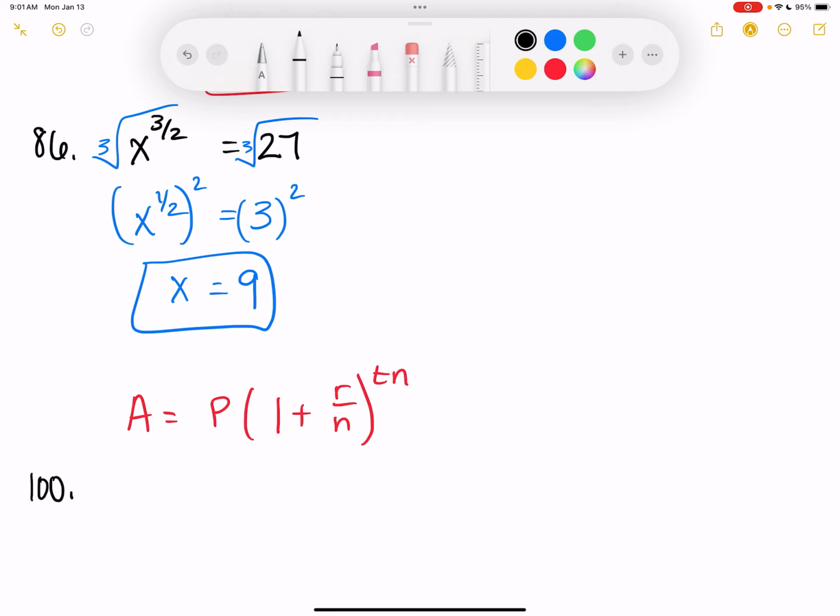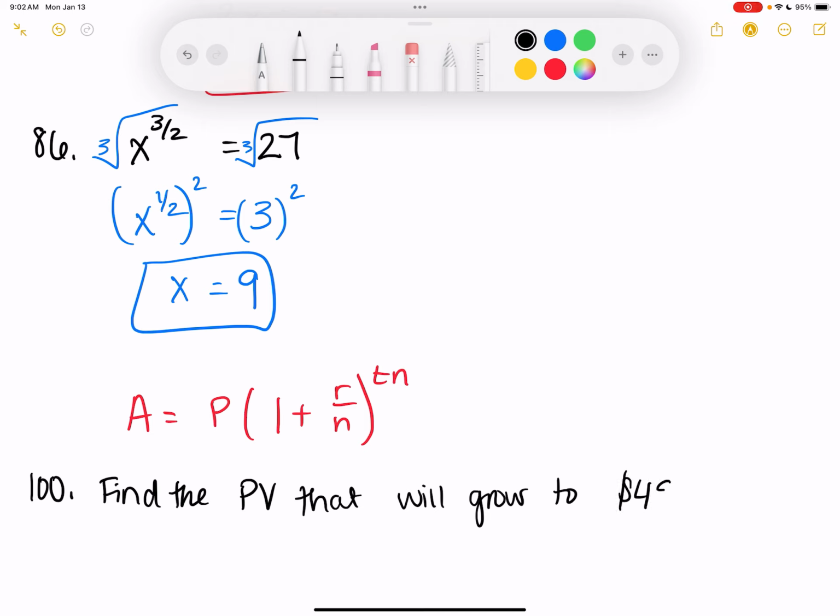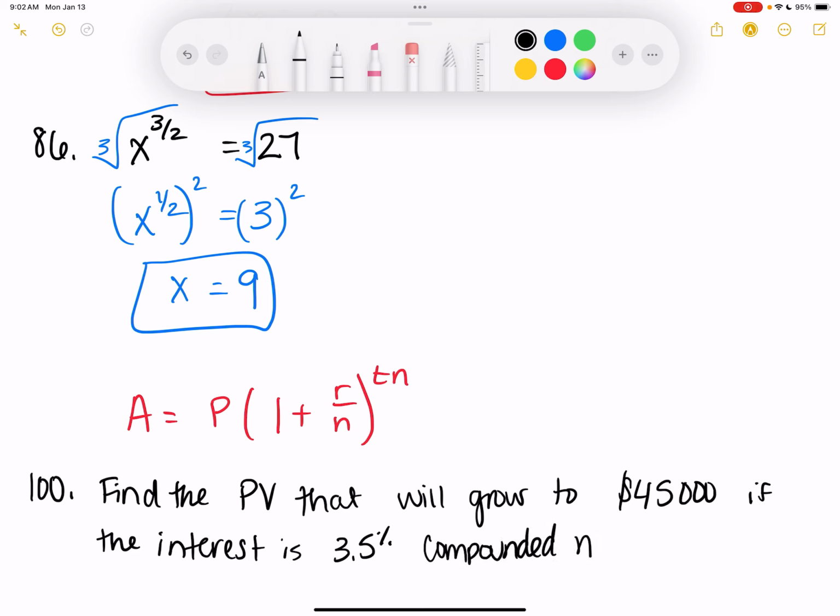Find the present value, I'm just going to say PV, present value, that will grow to $45,000 if the interest is 3.5% compounded monthly for 1 year.